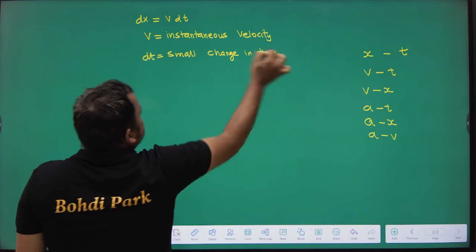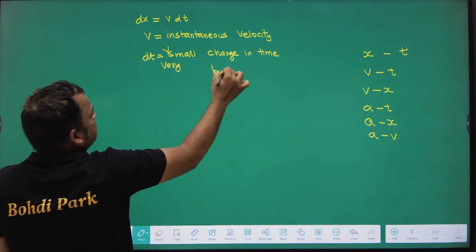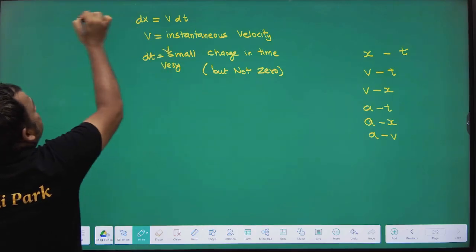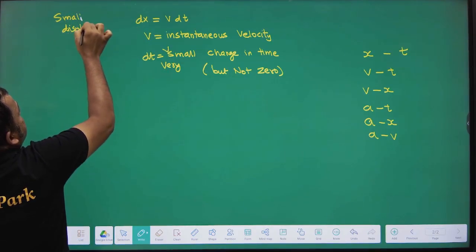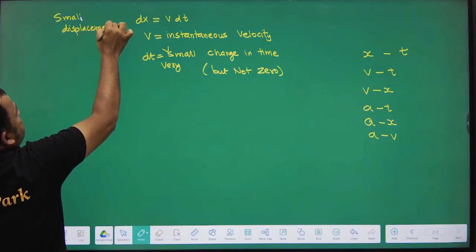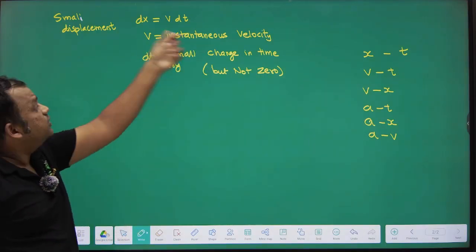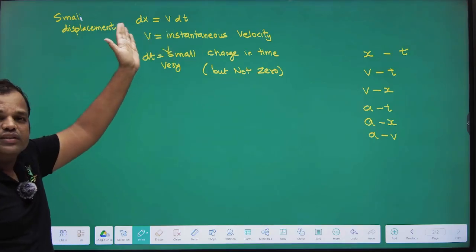It is very small, but not zero. So we get a small displacement dx. If velocity is positive, the displacement is positive. If velocity is negative, the displacement is negative.